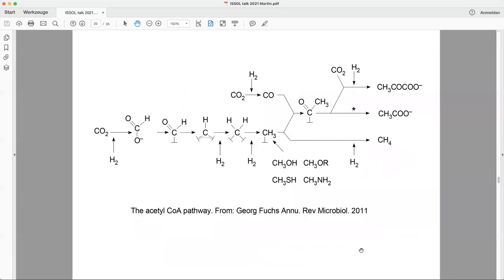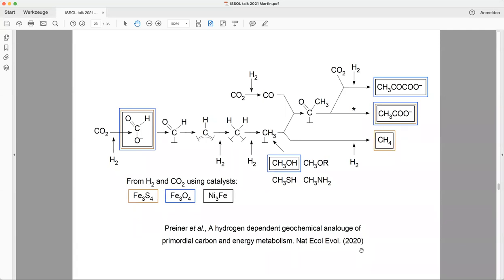Here's the pathway drawn by Georg Fuchs: CO2 to formate, formyl, methenyl, methylene, methyl, off to methane, acetate, and pyruvate. And these are the products that we get from this reaction using either greigite, magnetite, or awaruite. And awaruite gives us the best similarity to the biological pathway.